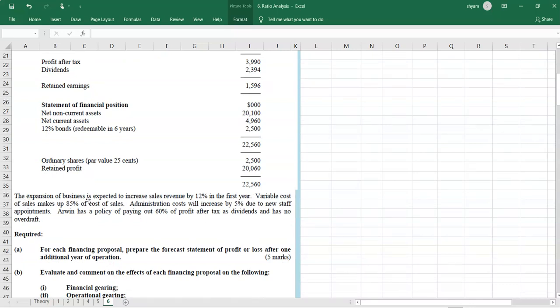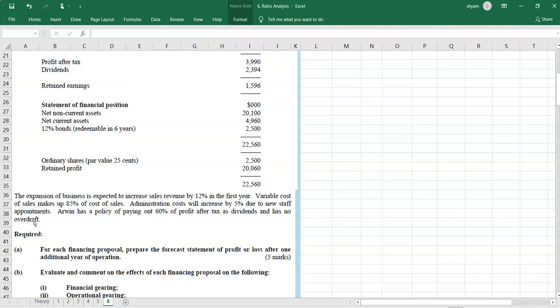The expansion of business is expected to increase sales by 12% in the first year. Variable cost of sales makes up 85% of cost of sales. Administration cost will increase by 5% due to new staff appointments. Arvind has a policy of paying out 60% of profit after tax as dividends and has no overdraft.